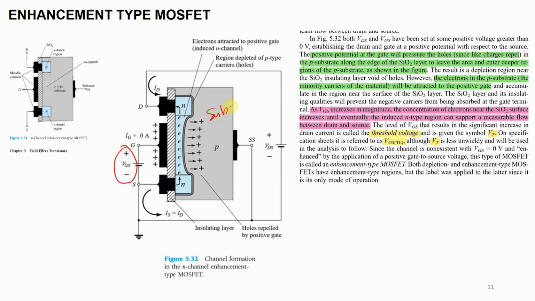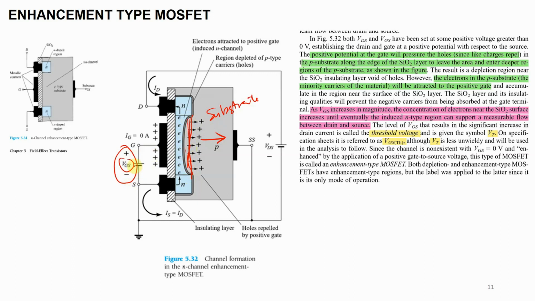This is a substrate, right? It will push them towards the other side. And if that happens, there will be no holes here on the substrate and all the electrons will be built up here. As I increase VGS, there will be more buildup on this portion.